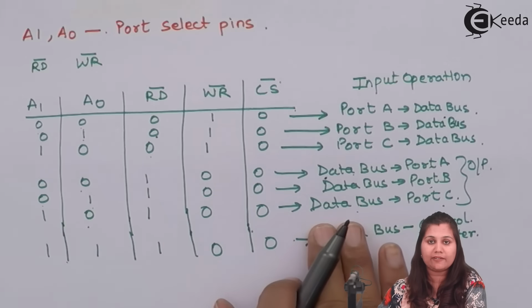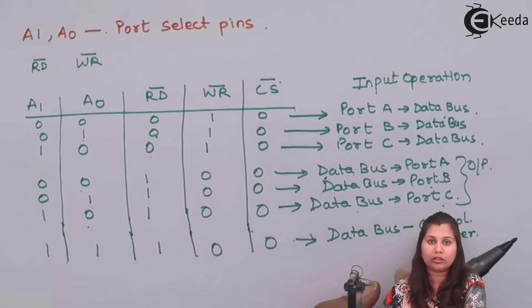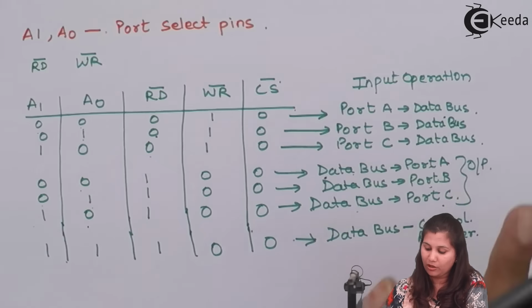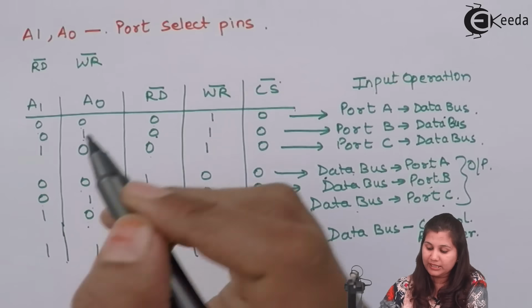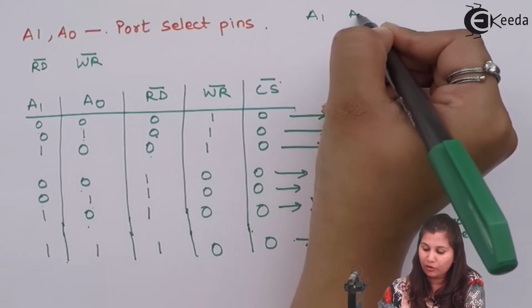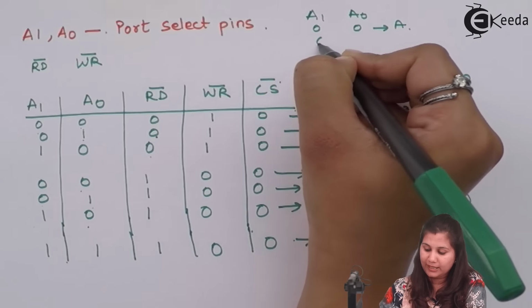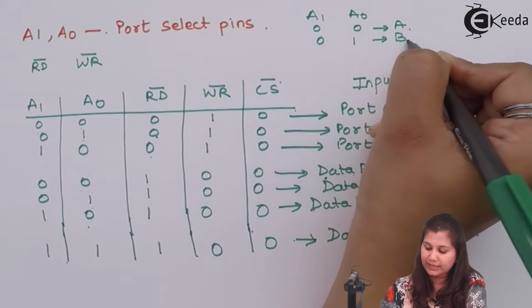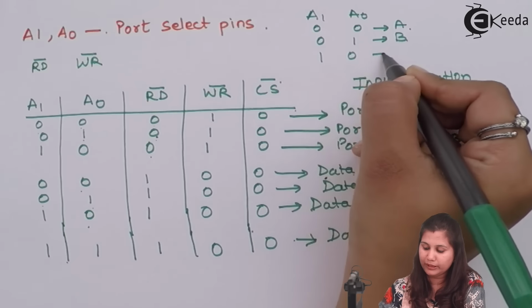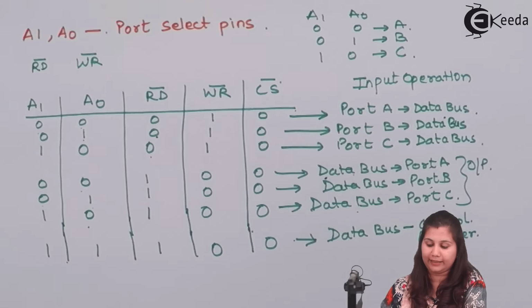So the data which is available on the data bus is given on the 3 ports. So it's an output operation. So we can say that when A1 and A0 are 0, 0, then port A is selected. When they are 0, 1, then port B is selected. And when they are 1, 0, then port C is selected.